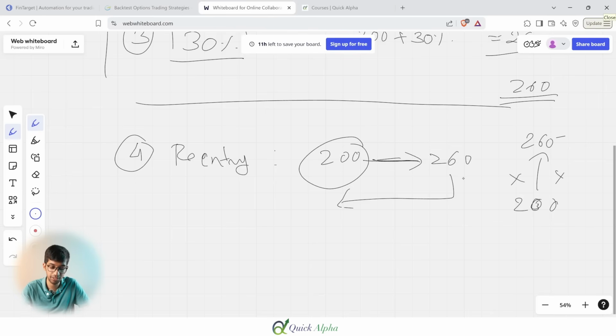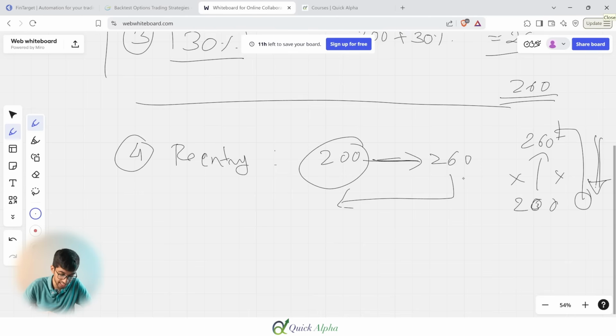After exiting, it can go to 300, 400 or whatever the level. But whenever it comes back to 200 from 260, you want to re-enter, because now the direction of the option price is heading down. Whenever it is moving in your favor, you want to re-enter.